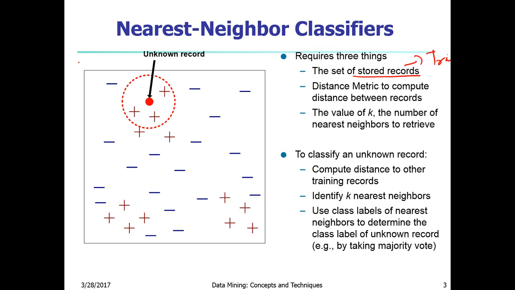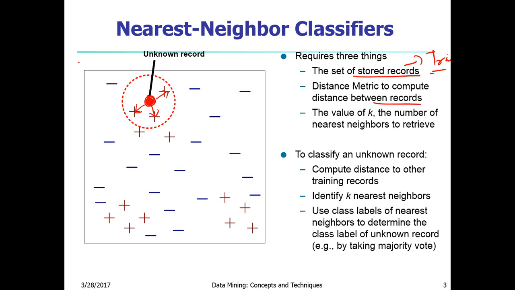Second, a distance metric to compute the distance between records, that is, between the new data point, which we have marked in red, and the corresponding nearby values.